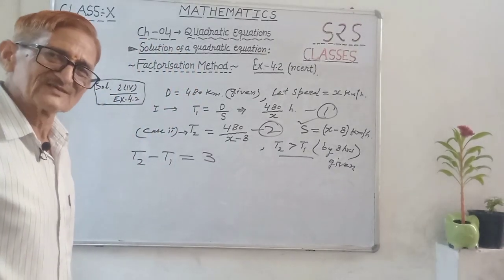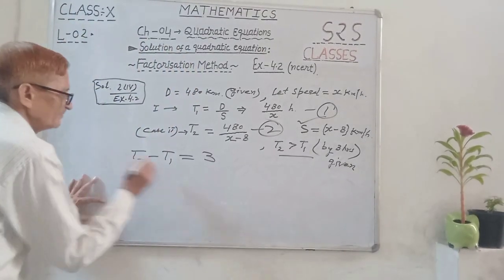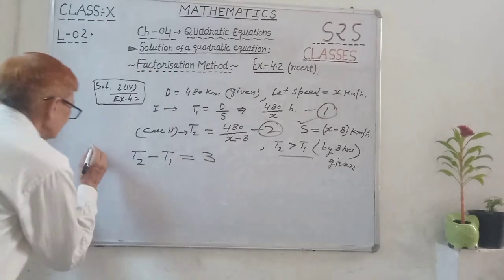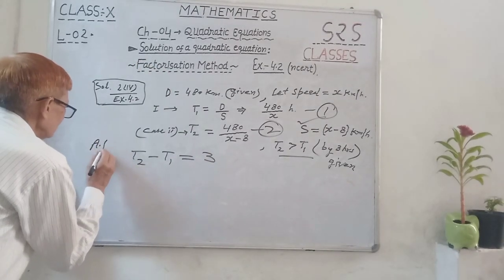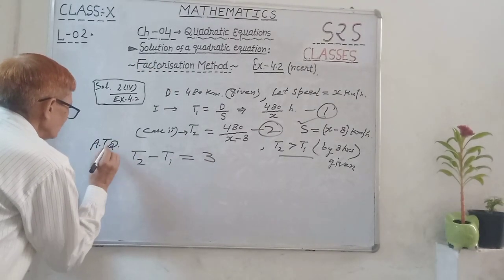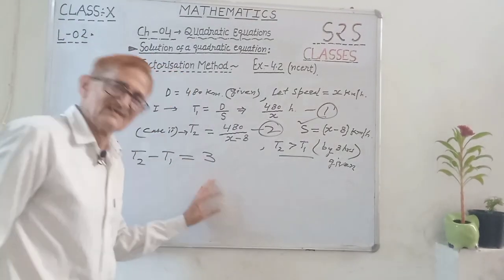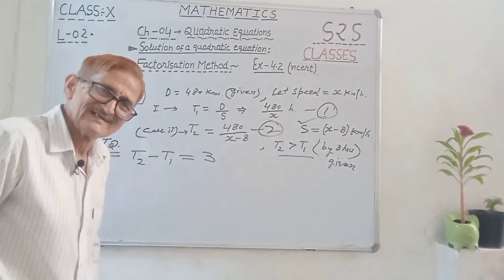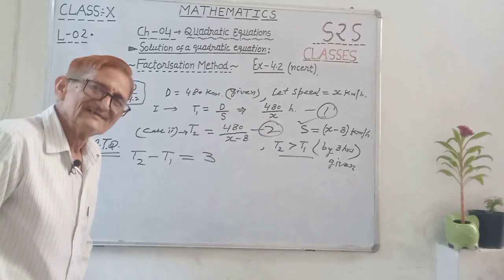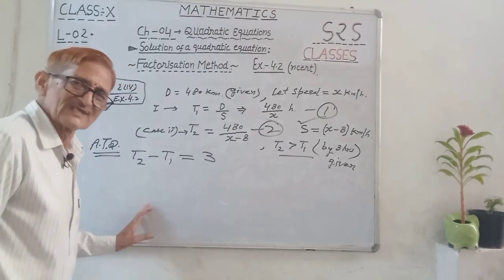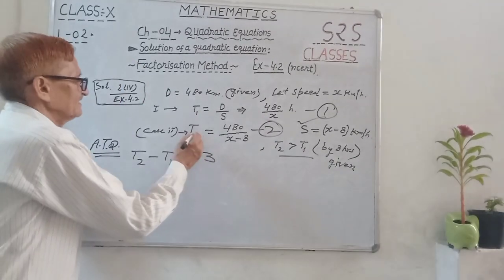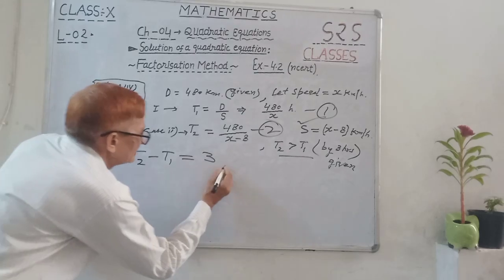T2 is 3 hours more. So, according to the given condition, on any one quantity we can find like that, and put the condition that is given and make the equation. Then T2 is 480.